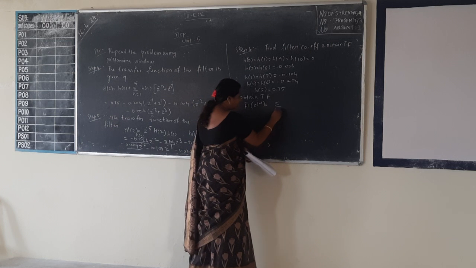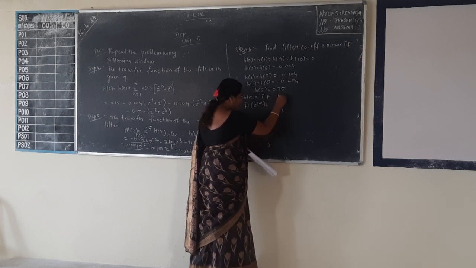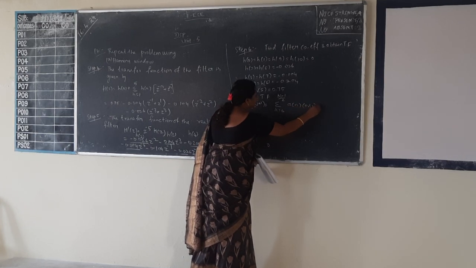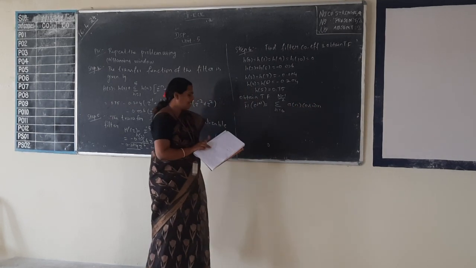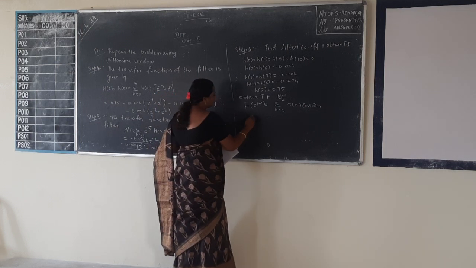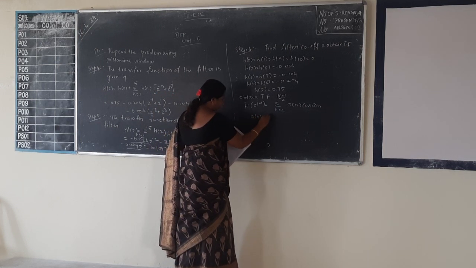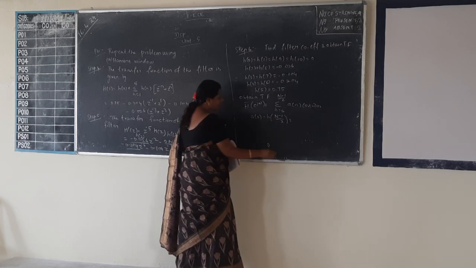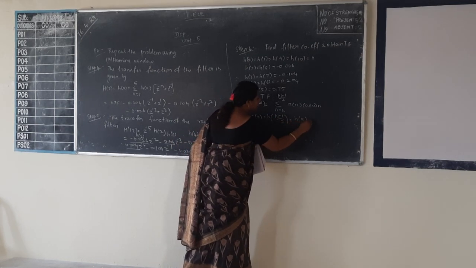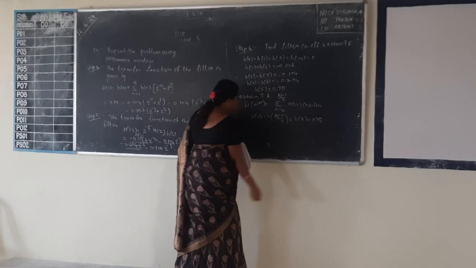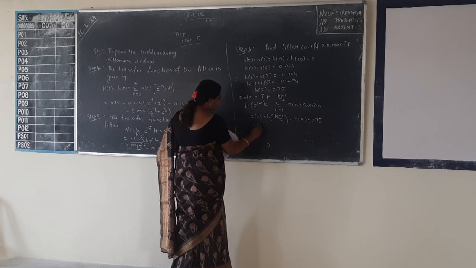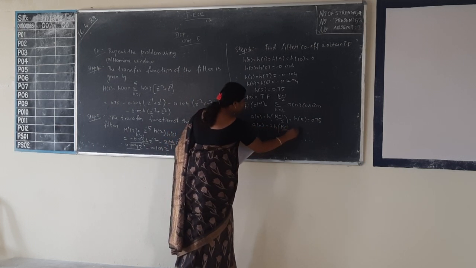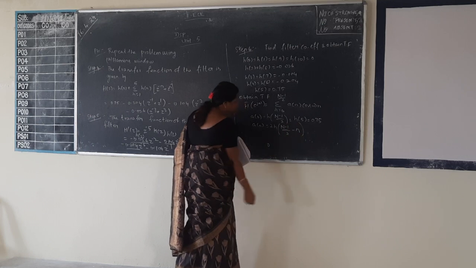Sigma n is equal to 0 to n minus 1 by 2, a of n cos omega n. So we can write this as a of 0, h of n minus 1 by 2, is equal to h of 5, 0.75, and we have the a of n formula as 2 into h of n minus 1 by 2 minus n.